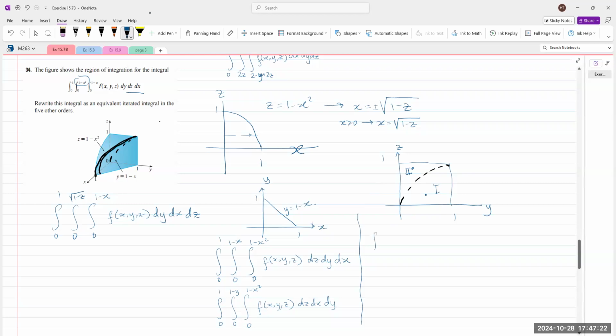Okay, so the triple integral needs to be divided into two parts. So the triple integral in the first part of f x y z dx dz dy. For the first part, it will come from 0, get out from 1 minus z. I'm sorry, 1 minus y. Because it's dx, right? 1 minus y.